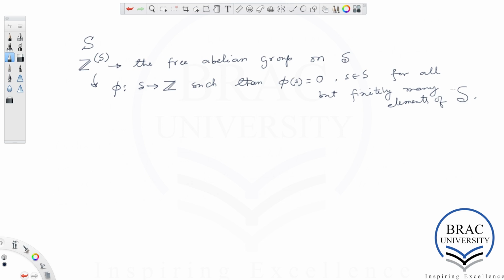So one can interpret this free abelian group on S as the collection of all such functions phi. We have seen it earlier.